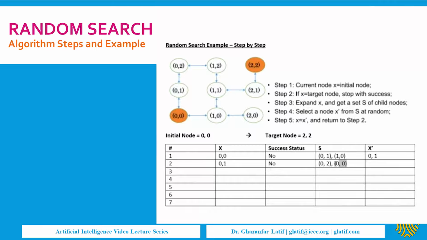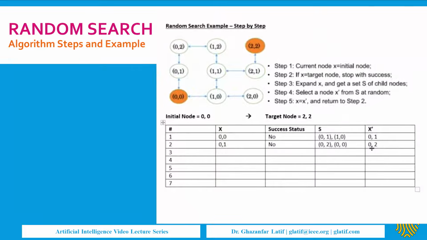Okay, I will select a random node from S to give x prime. So what is the new x prime value? Randomly selected either 0 0 or 0 2. Let's suppose we went for 0 comma 2. Now next step number 5, we will replace x with the x prime value. So in the next stage, we are going to have x equal to 0 2.